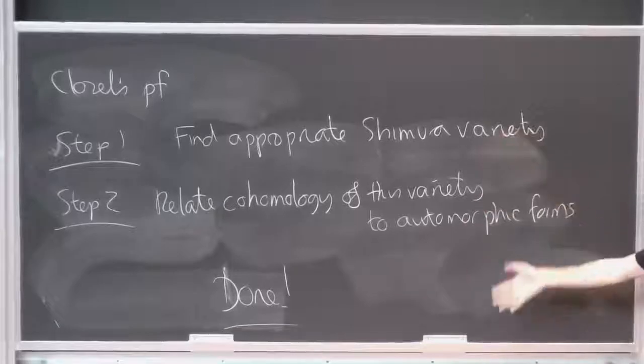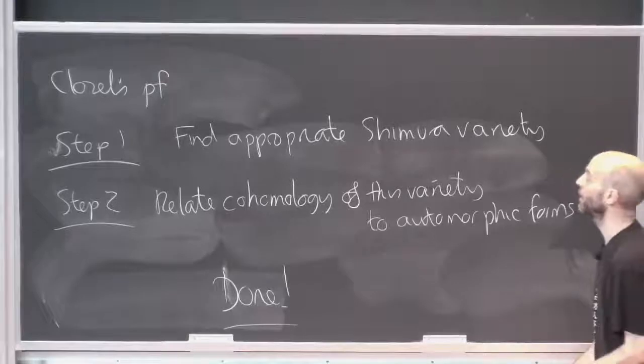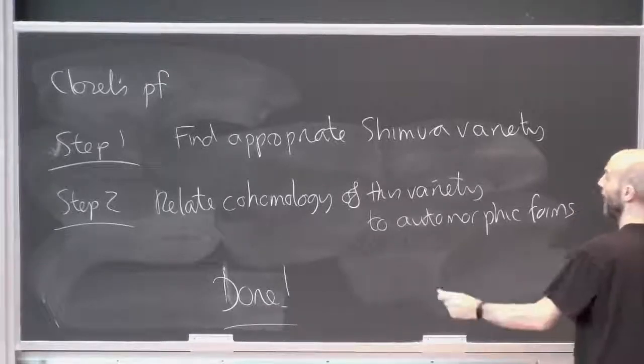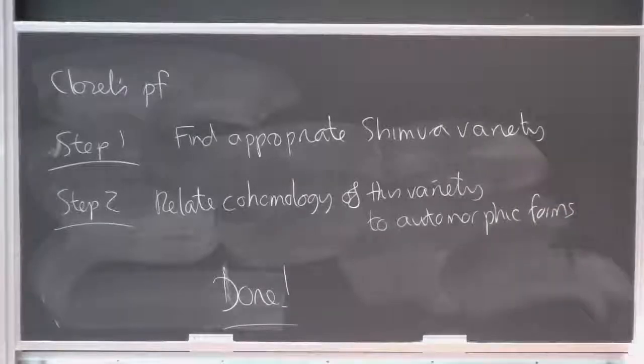So there are standard machines which do a lot of this stuff. What the standard machines do is they translate the question down into something very specific. Basically, what happens is we have these algebraic varieties parameterizing abelian varieties with some extra structure.